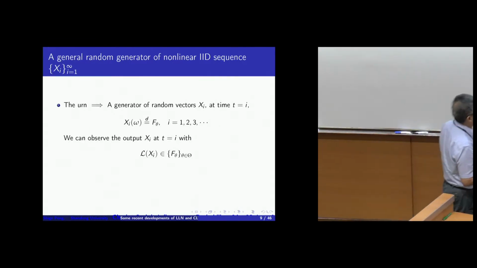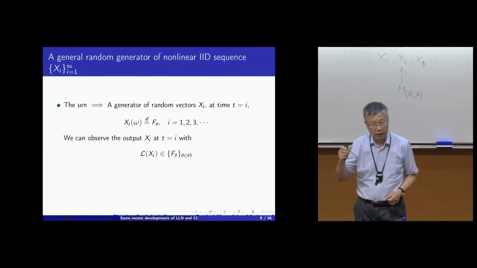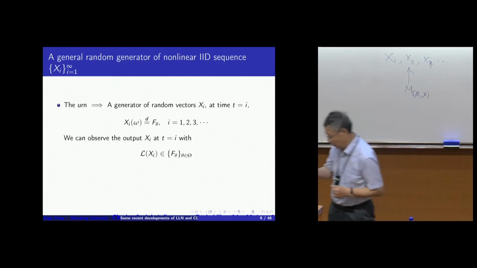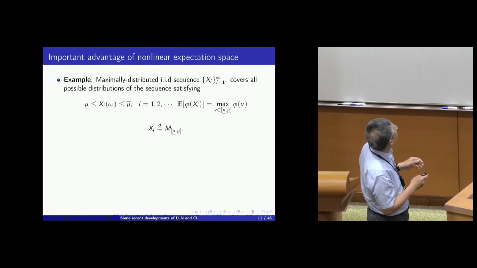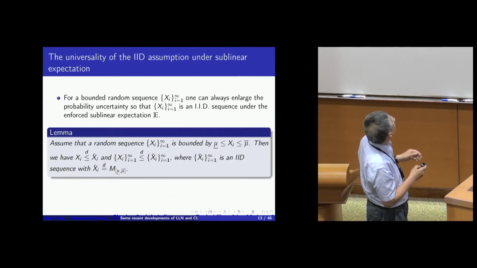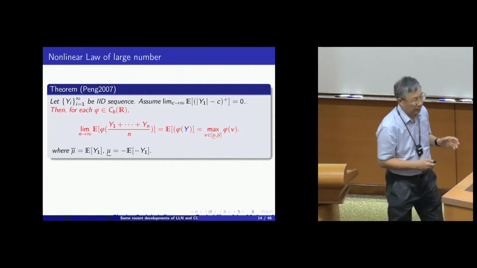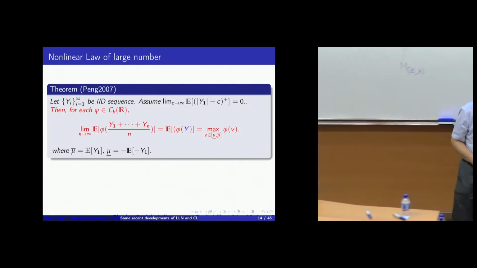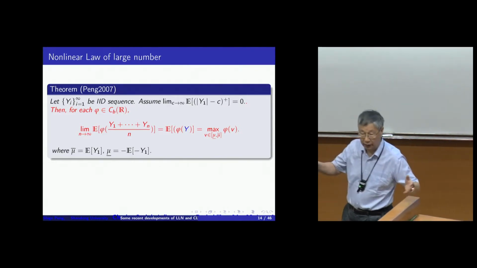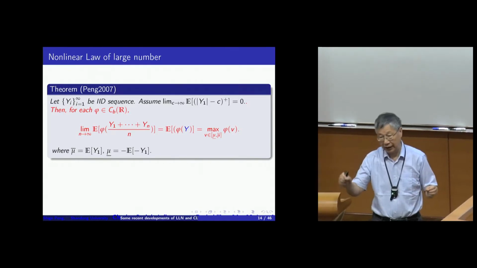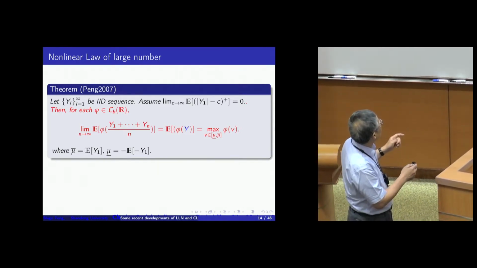Okay. So it happens that for this kind of thing, we have the law of large numbers and the central limit theorem. This is a very interesting phenomenon. I just quickly come to here. This is the law of large numbers. The law of large numbers tells us that if I have this kind of IID, which, like I said, can be any random data, then I put them together.